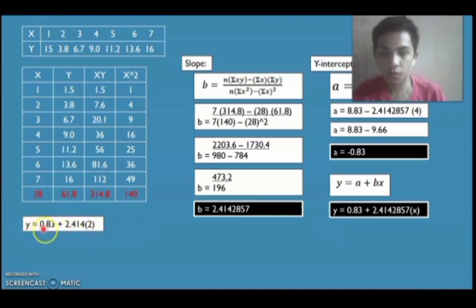Y equals negative 0.83, plus 2.41 times 2. The 2 is the second value of x. This is to get the second value of y, which is 3.8. This is the x value, and the answer is 3.99. It is not far from 3.8, so that is a good thing.